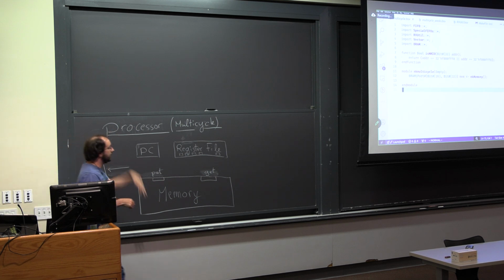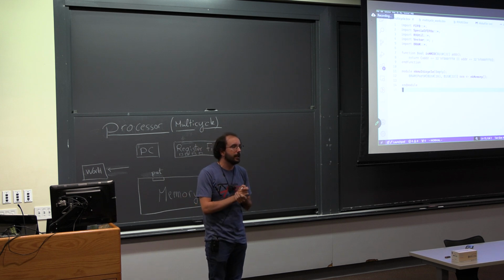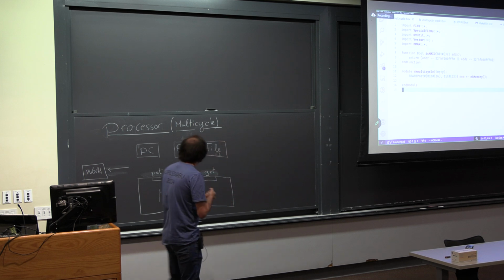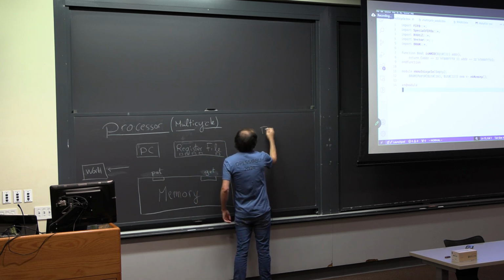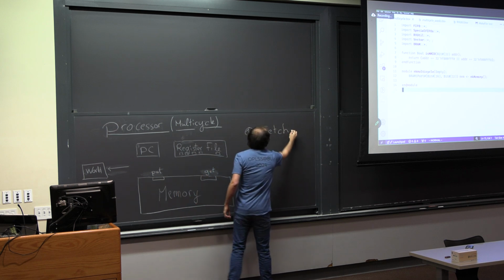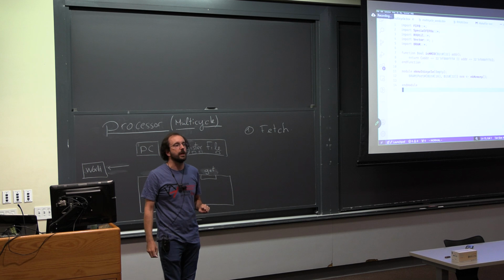If we go top down, the machine should go through basically four steps to execute a program. First, what we call the fetch step, in which you look at the program counter and ask the memory, please tell me what is at that memory cell location.